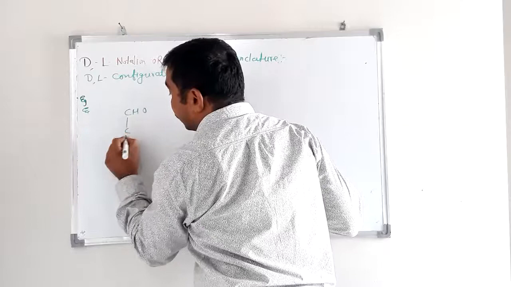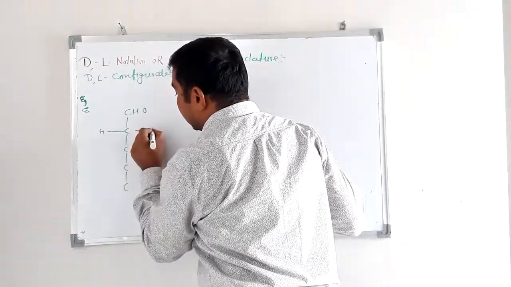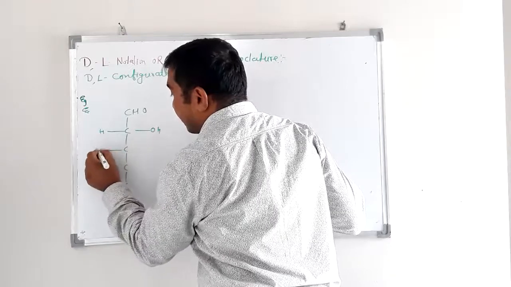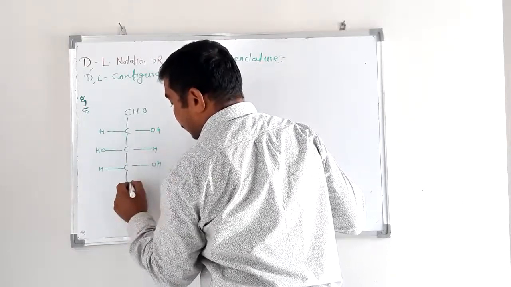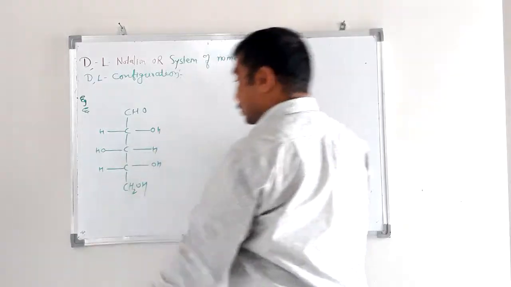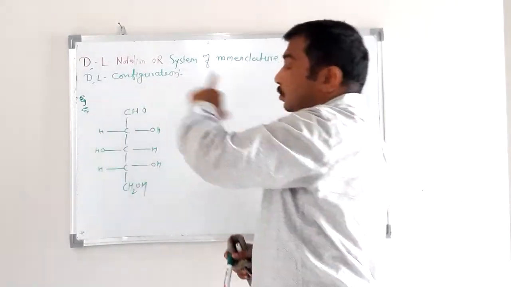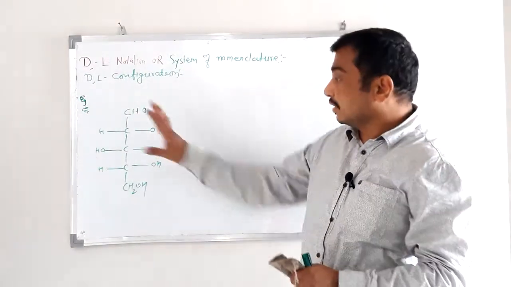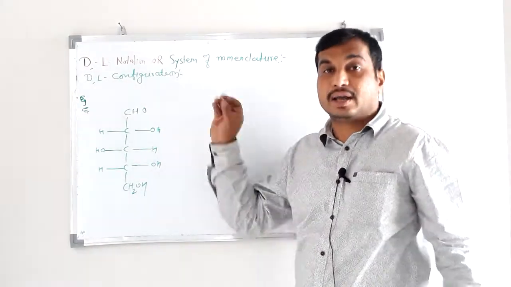Suppose this is one of the carbohydrates, ribose. Five carbon atoms means a pentose sugar. Now, for this carbohydrate, we have to assign the D or L notation. How?